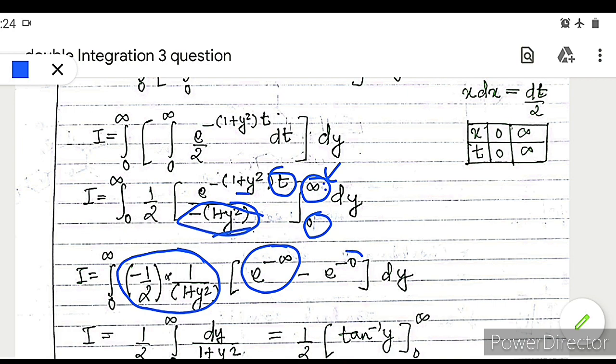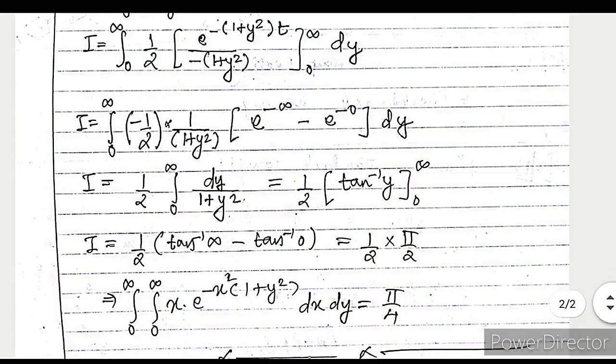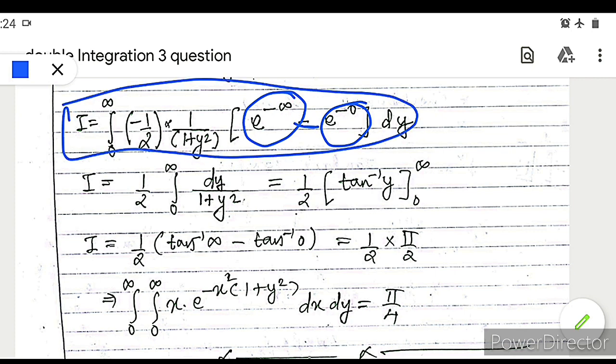Then put 0. We know that e raised to minus infinity is 0 and this is 1, so we have minus 1 in that bracket. So simplify this whole step to get this.